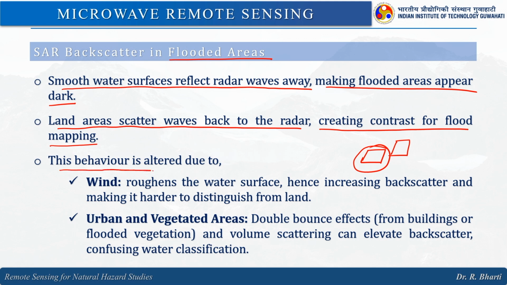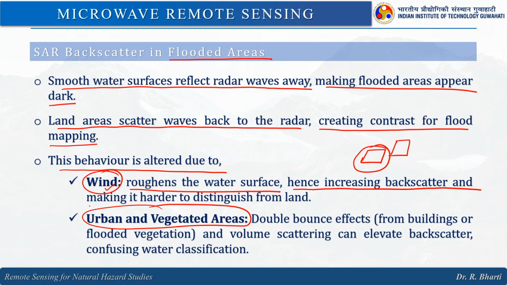So, this behavior is altered due to wind and urban and vegetated areas, because that will be the problem. Wind roughens the water surface, hence increasing backscatter and making it harder to distinguish from land. Because of the wind, you will have a different backscattered value for the water and then it will be camouflaged with the building or any other structure.